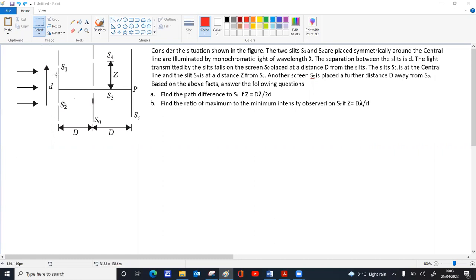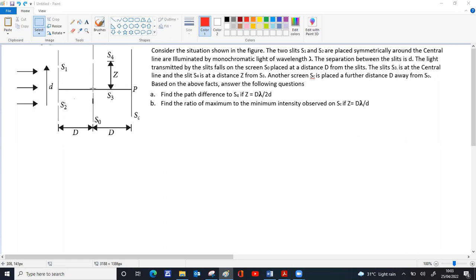S1, S2 separation is d. The light transmitted by the slits falls on a screen S0. This is screen S0. The distance between the slits to the screen, perpendicular distance, is capital D.